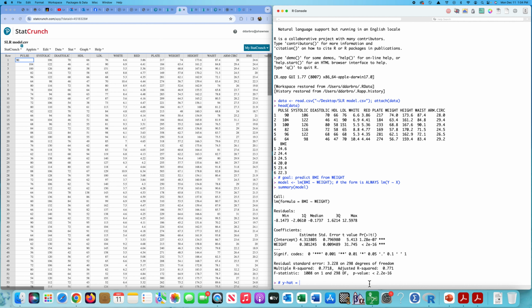I don't want R to perform anything. So 4.32 plus 0.30 times the weight. Really our y hat is our predicted BMI. We get that from this first line right under Estimate.